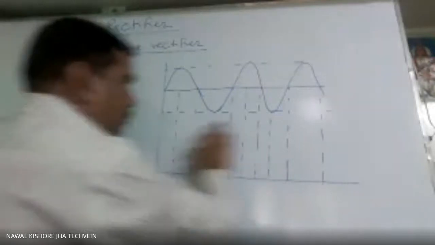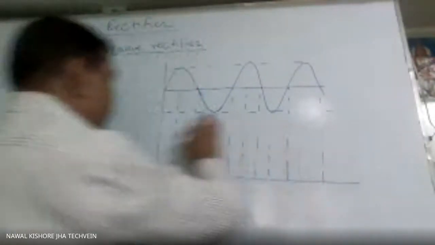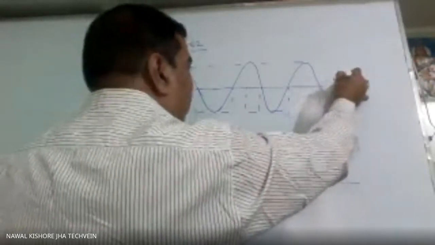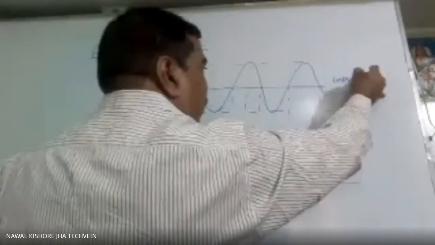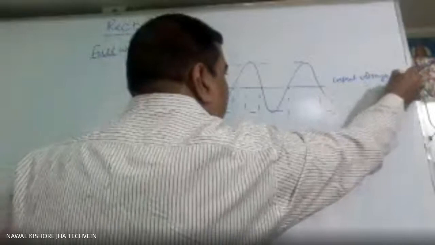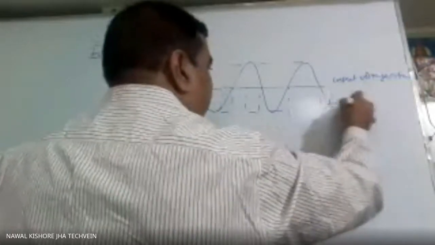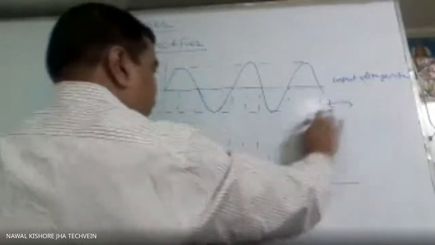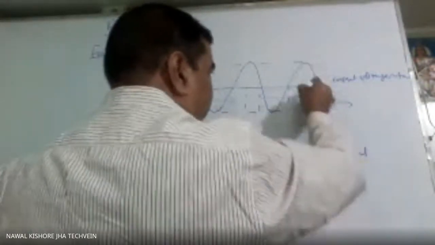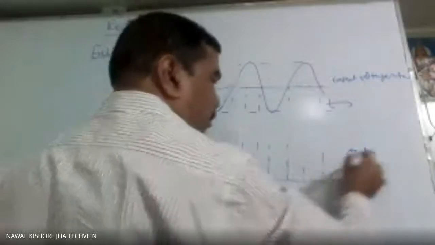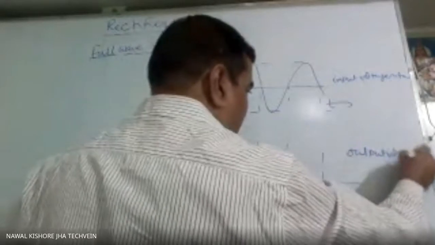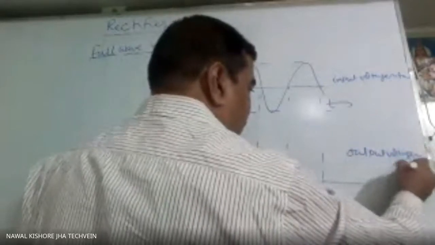Okay, so we'll just mark it with pencil and then we'll remove it. So this is our input voltage versus time graph. This is the output versus time graph.